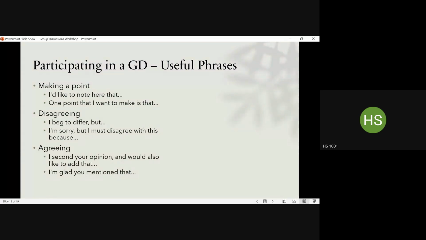When you want to agree with somebody, you want to show that you are in agreement with them, but you also don't want to come across as if you are trying to please them too much. You are trying to take their side and oppose somebody else. So you have to deliver your agreement as well in a muted manner, in a polite manner.